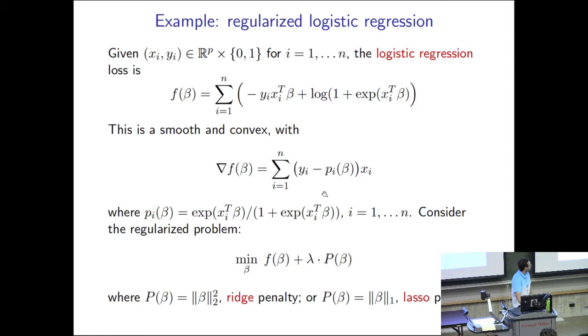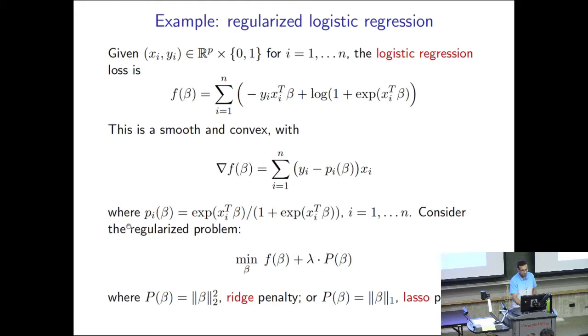This bears a lot of similarities to the gradient in least squares regression because this is the inner product between the features and the residuals, y_i minus, in this case, its residual is actually a probability vector. So I'm using this notation pi_i of beta to be e to the x_i transpose beta over 1 plus e to the x_i transpose beta.